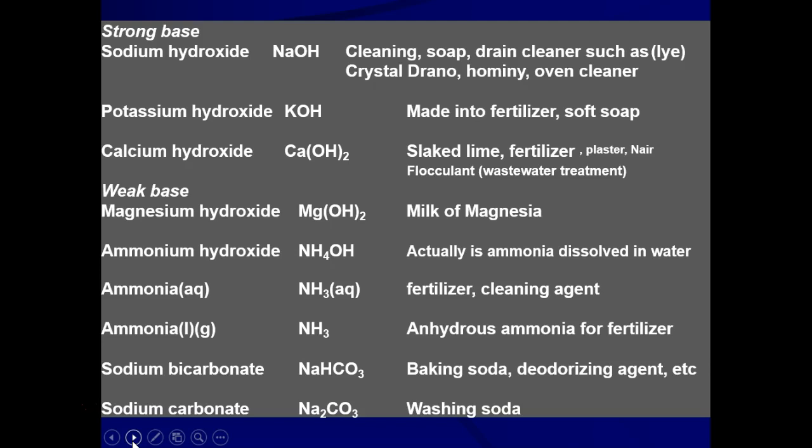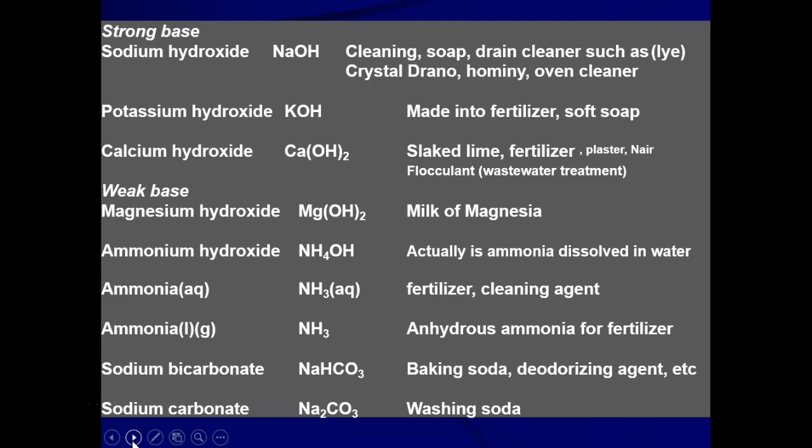This is classified as a strong base. If we place it in water, it will almost completely dissociate. We find it in oven cleaner. If you've ever used Easy Off to clean your oven, that one has sodium hydroxide. A lot of cleaning products, like Formula 409, have sodium hydroxide in it.